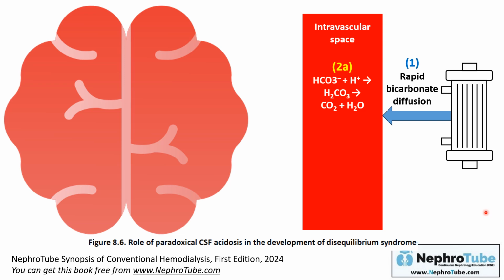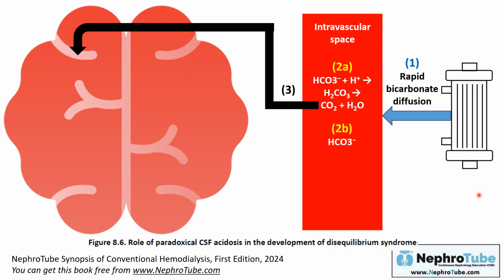In the blood, the bicarbonate will combine with hydrogen and form carbonic acid, which will be divided into carbon dioxide and water. At the same time, some bicarbonate may remain as bicarbonate in the intravascular space. Carbon dioxide can diffuse into the brain, as it can pass the blood-brain barrier since it is lipid soluble, but the bicarbonate itself cannot.